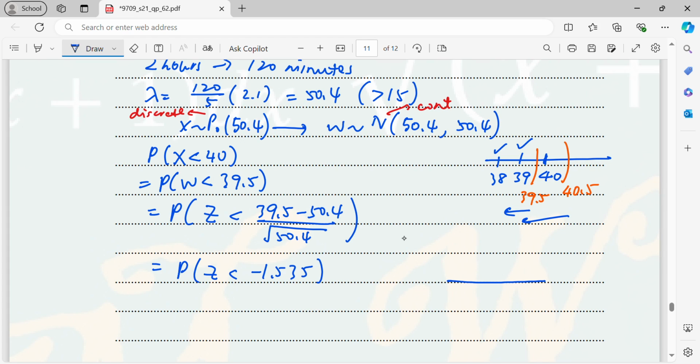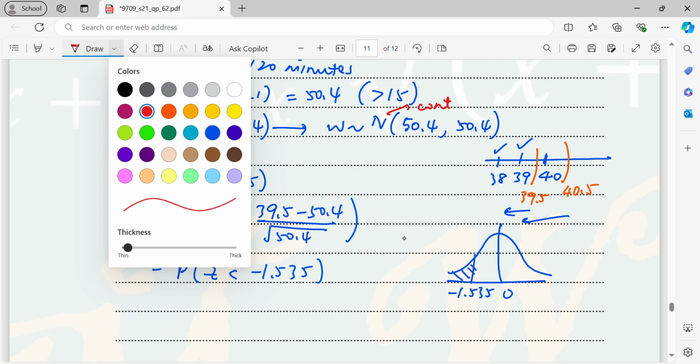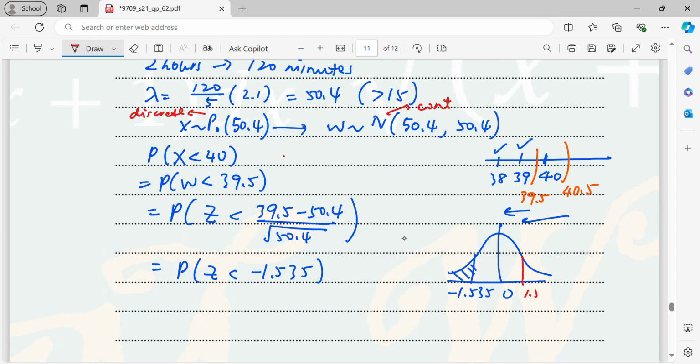Now you sketch the graph. It is a symmetrical graph. So negative 1.535 and less than, that means this is the region. This can be reflected to positive 1.535, and the region will be the red color. The red region is P(Z more than 1.535), which is the whole probability, 1 minus the previous probability.